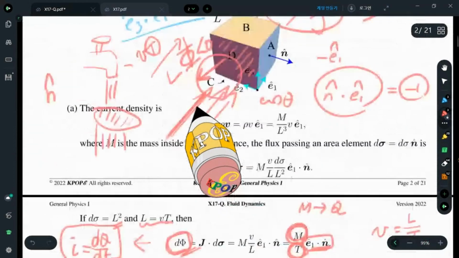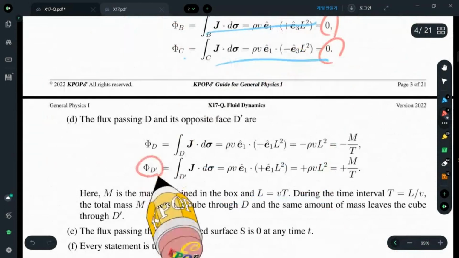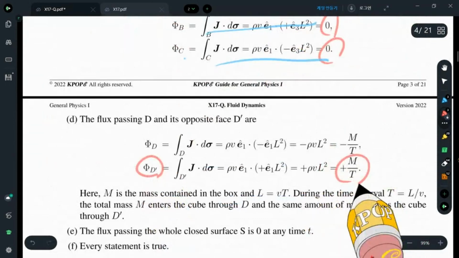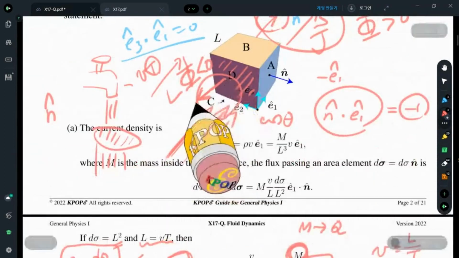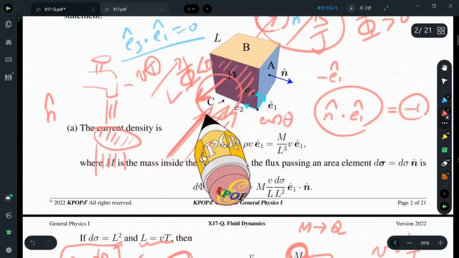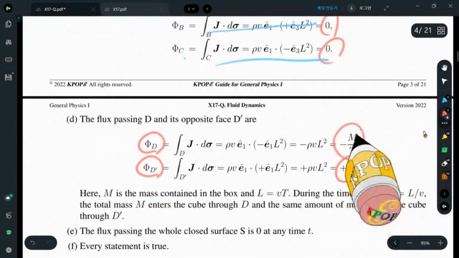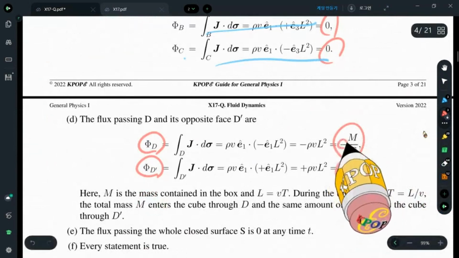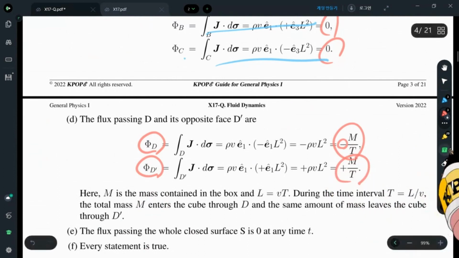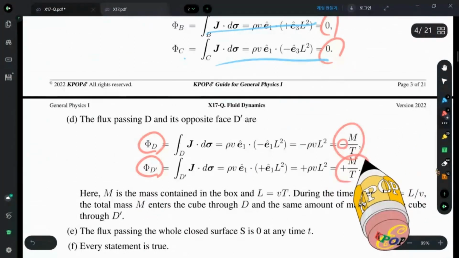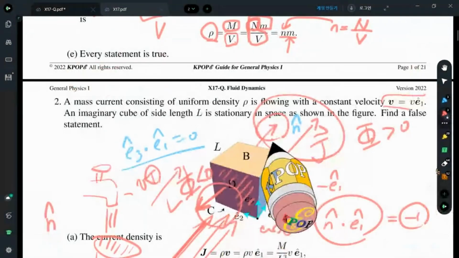So at D prime, flux is positive. At D, because normal vector and the flow are opposite, the amount is the same, but the sign is negative. So the uniform mass flow is passing through D and D prime.